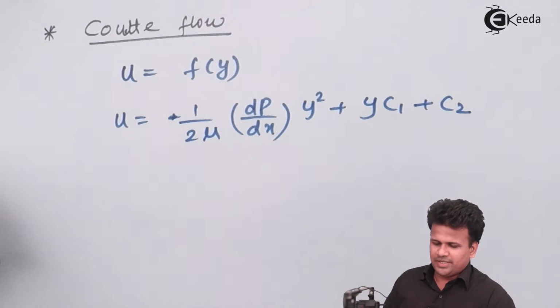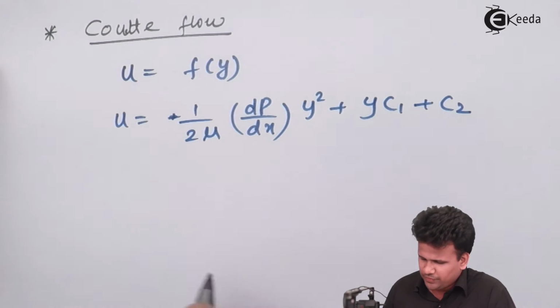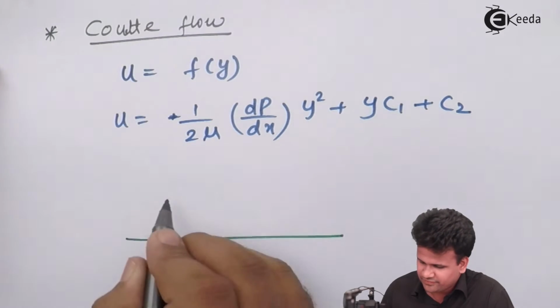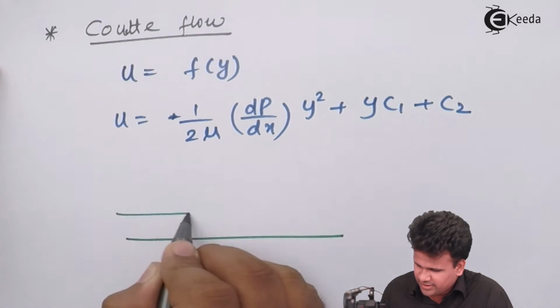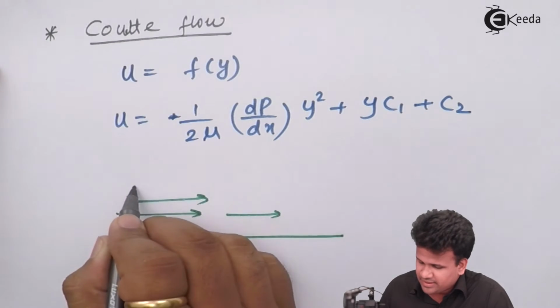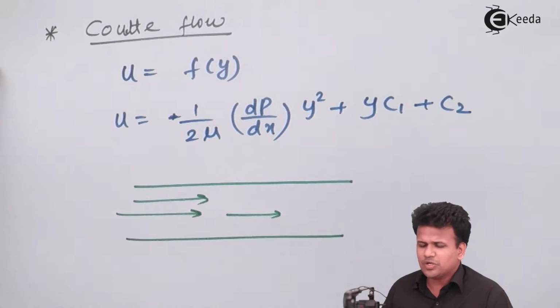Now, what is a Couette flow? Couette flow is a flow in which you have a horizontal surface and the fluid is flowing over this horizontal surface, and there is an object kept on the top surface of the fluid.